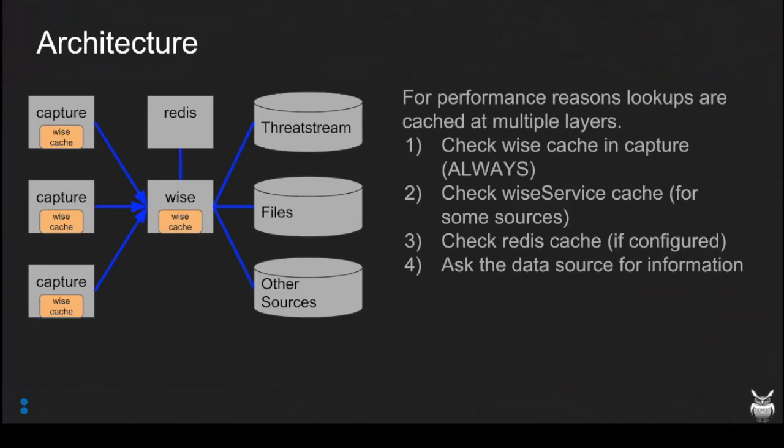The WISE system itself has a cache, and you can use a Redis cache if you want, so that if you have multiple WISE servers, they can share their commercial results in the Redis cache, or you don't have to do that. That's an optional feature. And then if it doesn't have that in any of those caches, it's going to go off to the service, or the data source as it's called in WISE, to get the result. Make sense so far?